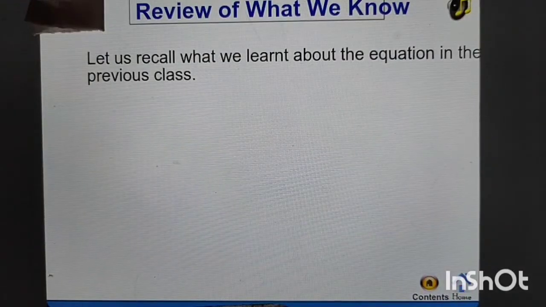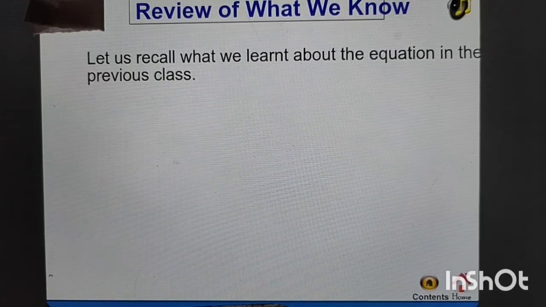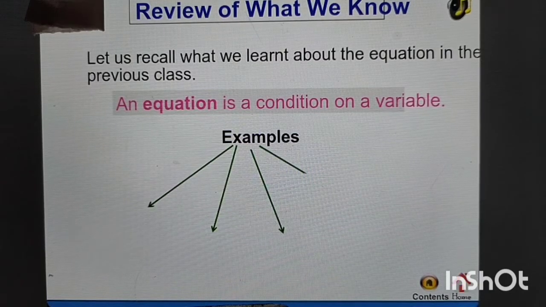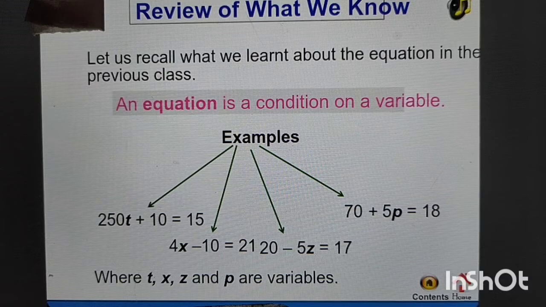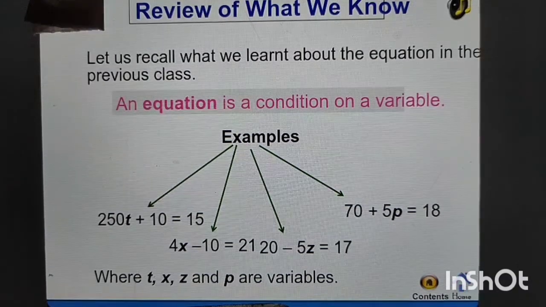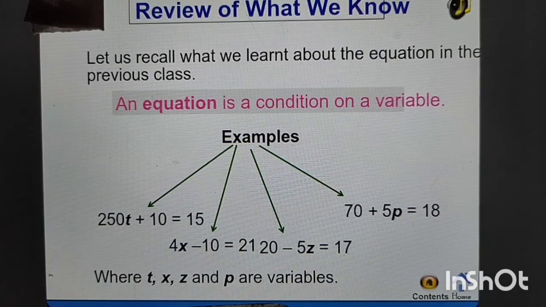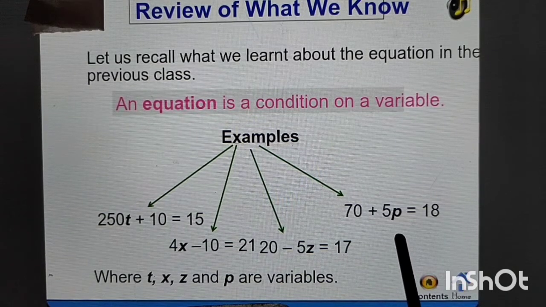Let us recall what we learned about the equation in the previous class. An equation is a condition on a variable. Some examples of equations are shown here. So students, an equation is a condition on the variable. For example, 70 plus 5p is equal to 18.